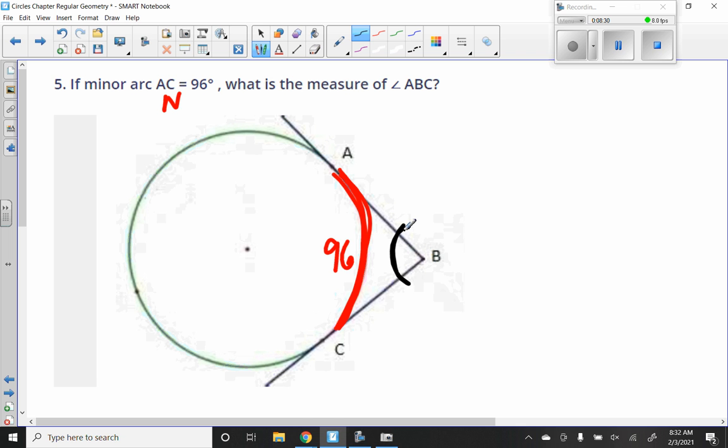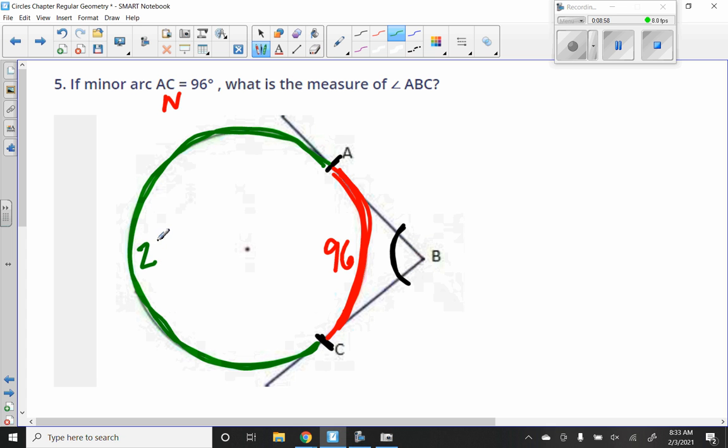So what you need to see is that this arc from AC stops here. And the far arc is going to be all of the rest of the circle. So we are using the entire circle on problems like this. And I'm going to find this far arc by taking 360 minus 96.